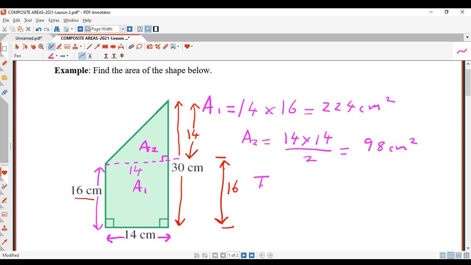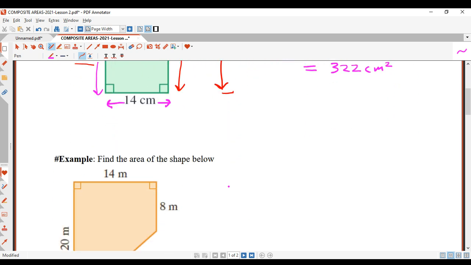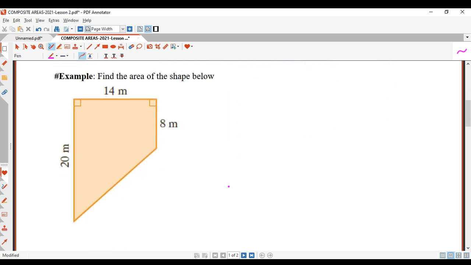So the total area will be 224 plus 98. Okay, so that's going to be 322 centimetres squared. Okay, so make sure that's copied down, and then you're going to try the next question, which is very similar, by yourself, the hashtag example.